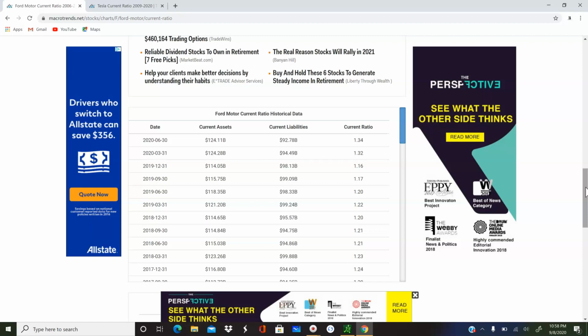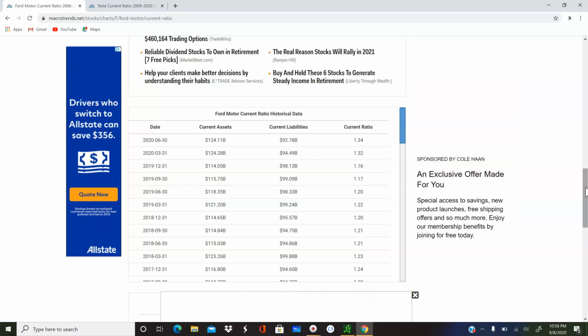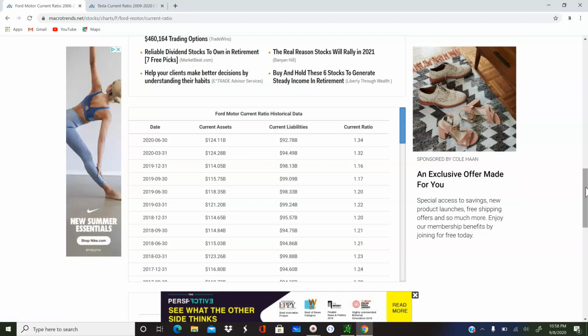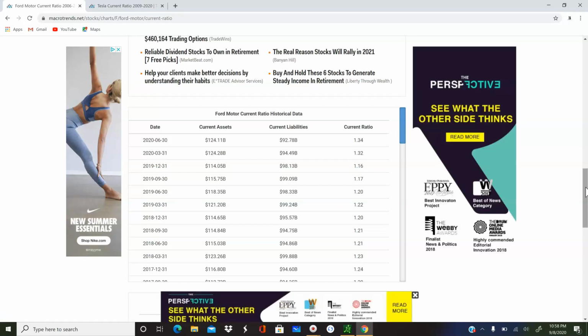It assumes that the company would be able to liquidate all of its inventory and use all of its current assets to cover that short-term debt if those short-term liabilities became due. And we all know that's not the case. Inventory takes time to get rid of. It takes time, it takes effort, it takes money. A lot goes into churning through that inventory.